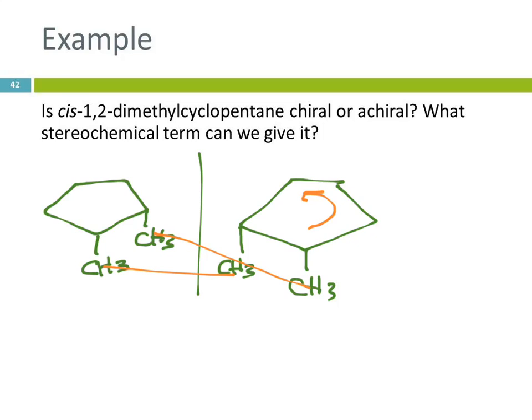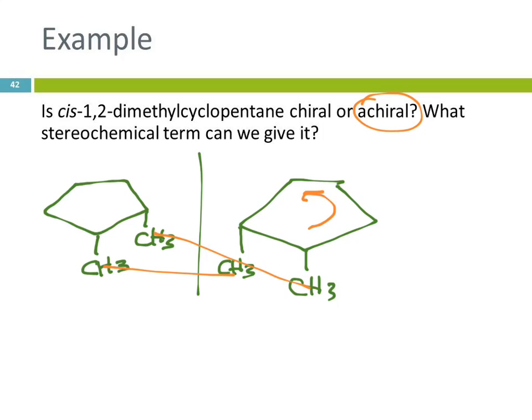So is this chiral or achiral? It's achiral. Something that's achiral, you can take the mirror image and superimpose it. The mirror image is exactly the same. Your right and left hands are mirror images of each other, but they are not exactly the same as each other.